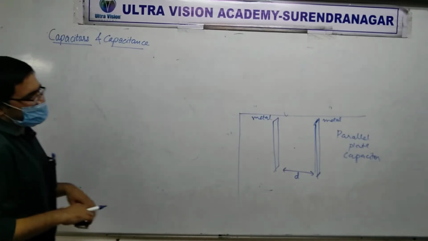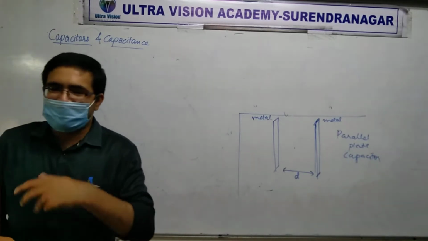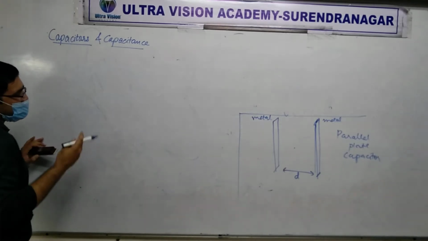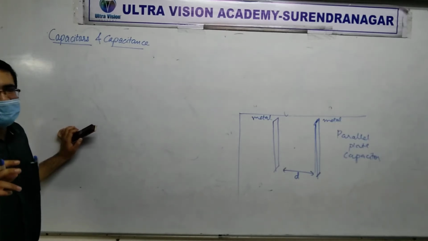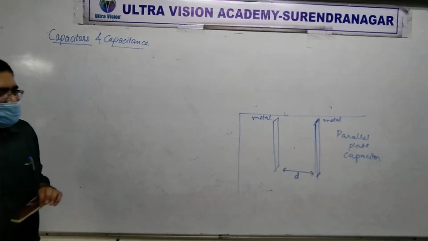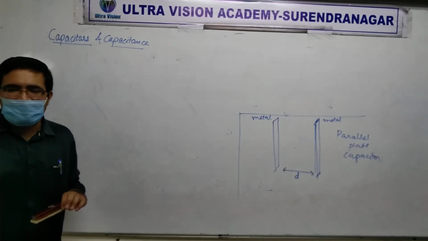Now, when we have a capacitor of any shape, not just parallel plate, the surfaces facing each other always store equal and opposite charges.